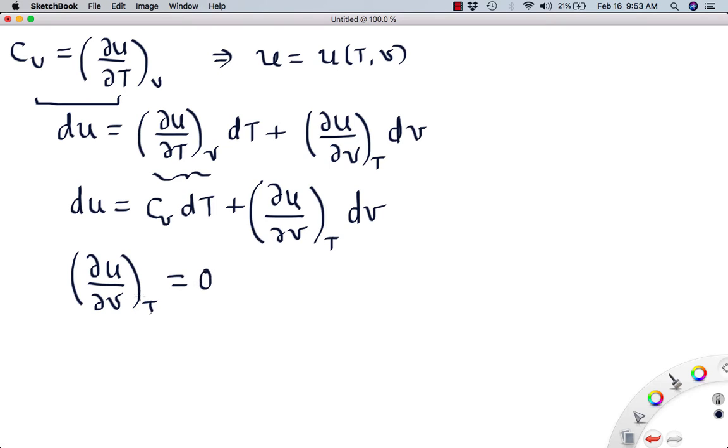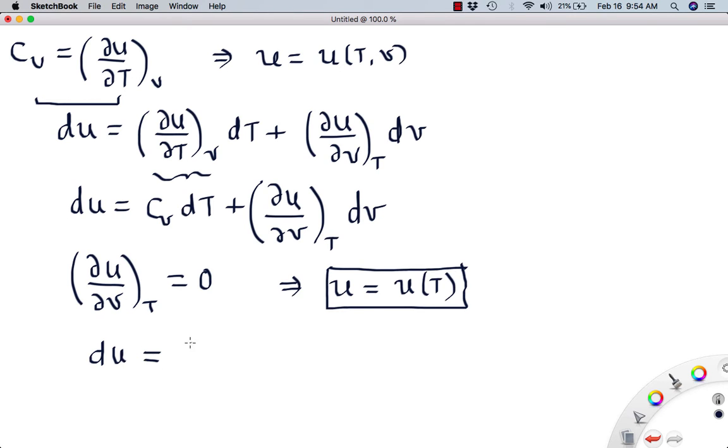Keeping temperature constant, there won't be any change in internal energy, because U is a function of temperature only. So that means we can write this expression as dU is equal to CV dT, because this thing is zero.